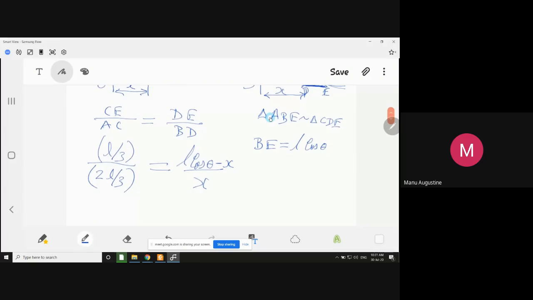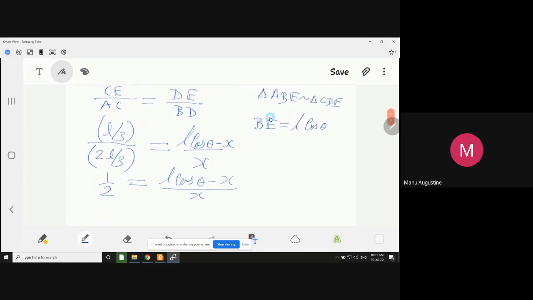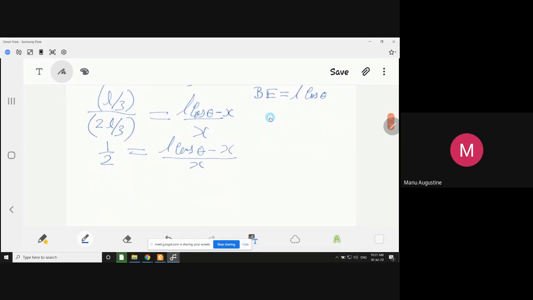Now, what is this ratio? L by 3 divided by 2L by 3. This will be 1 by 2. So that means 1 by 2 is equal to (L cos theta minus X) divided by X. Now I will cross multiply and get a relationship. X is equal to 2L cos theta minus 2X.